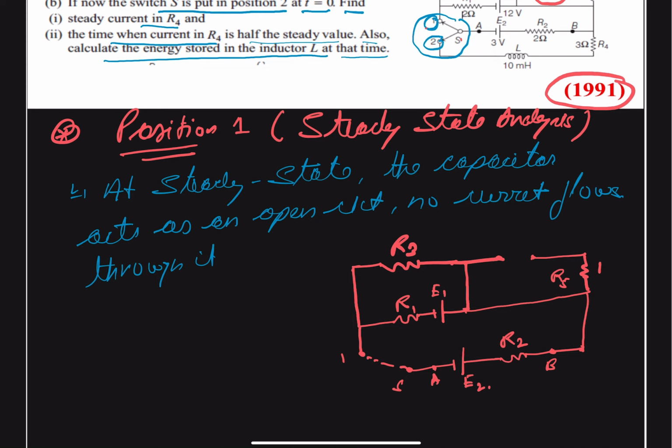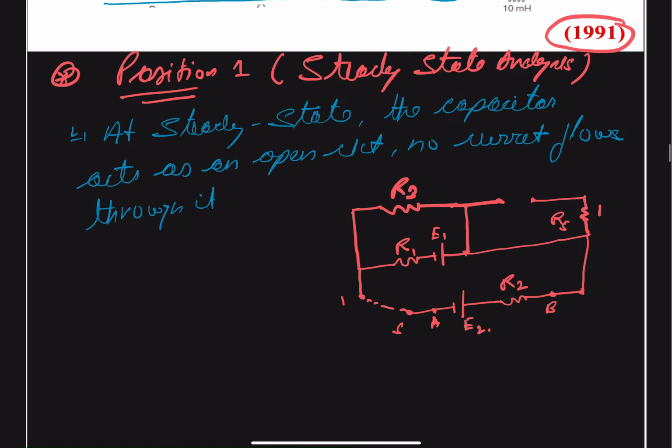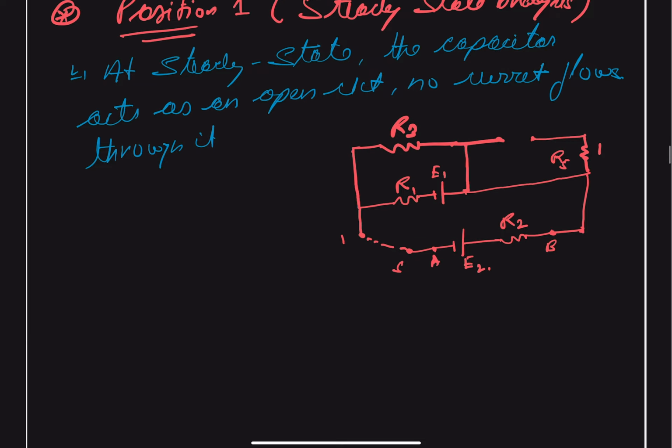As there is an open circuit with respect to the capacitor, no current will be flowing through the capacitor. So let us assume that from E2 current I1 is flowing. At this point it will try to divide itself into two parts, along R5 and along this way.